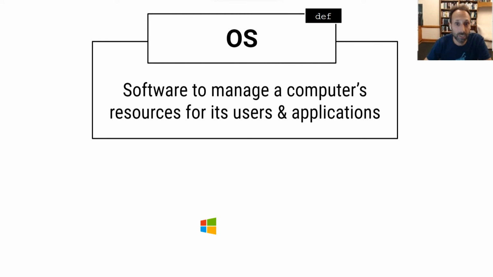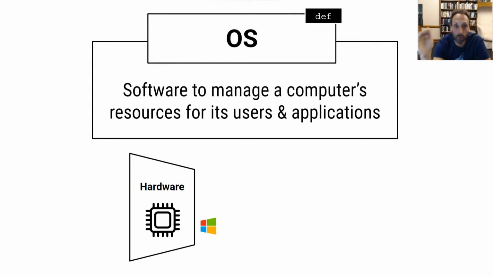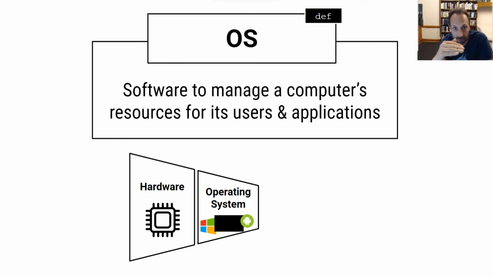Okay, so let me first say, what is an operating system? The operating system is the thing that allows your application to talk to your hardware. We're running Crowdcast right now and probably a lot of other applications, and you have whatever machine you have, and it has hardware, a mouse and a glide pad and a webcam and all this stuff, and your operating system sits between those two things.